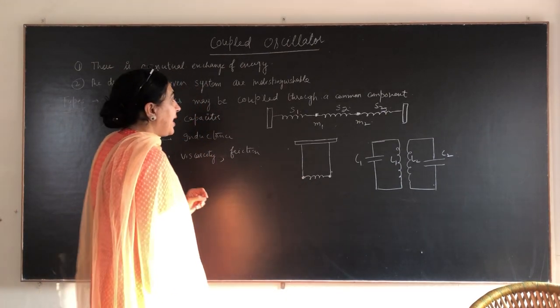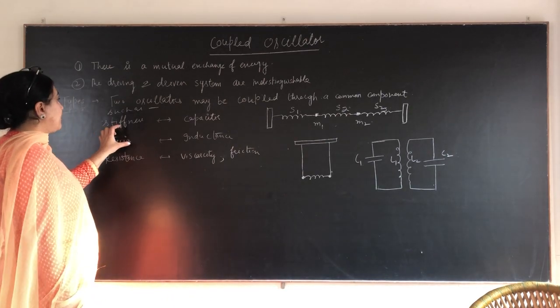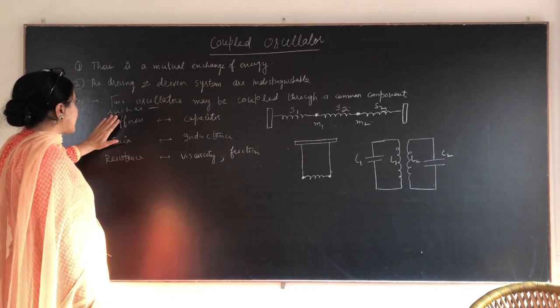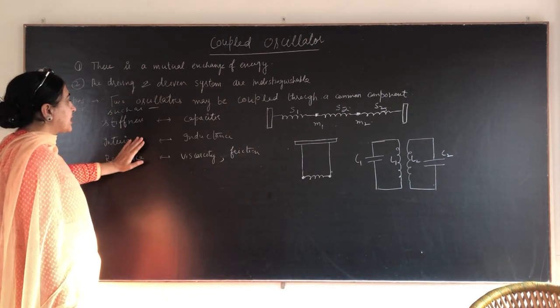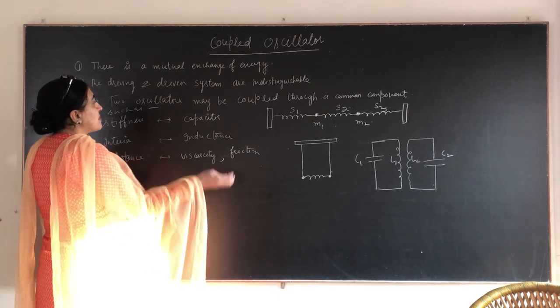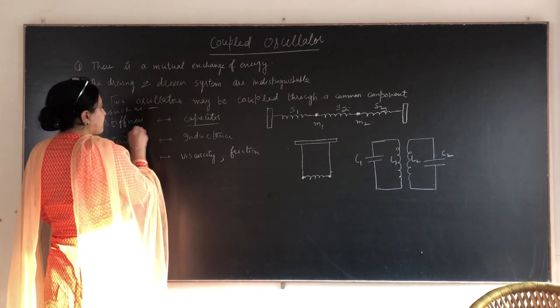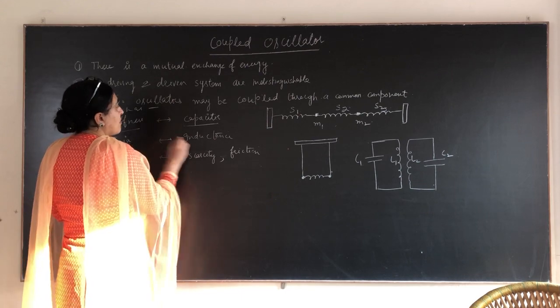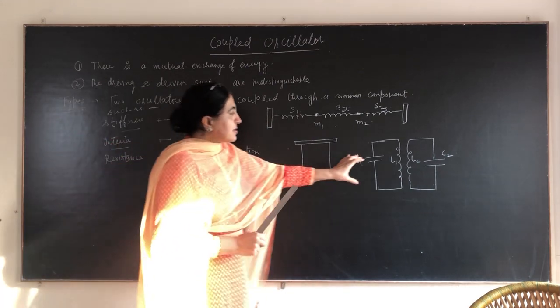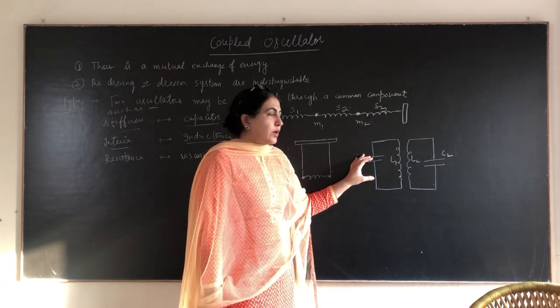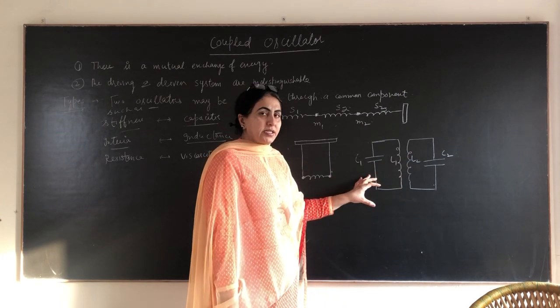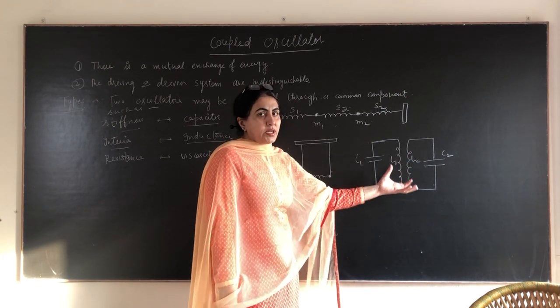Clear? This is in the case of a mechanical oscillator, and in the case of an electrical oscillator, this may be a capacitor instead of this, and in case of mass, this is inductance, like this. This is an example of a coupled electrical oscillator. They are coupled with each other with this inductance or mutual inductance.